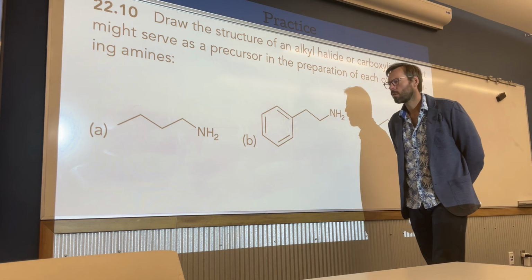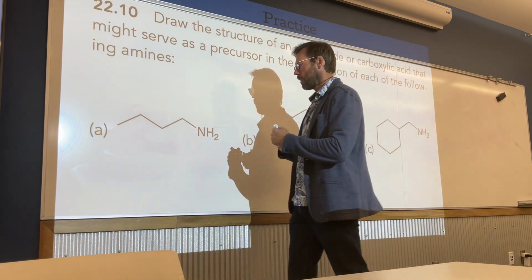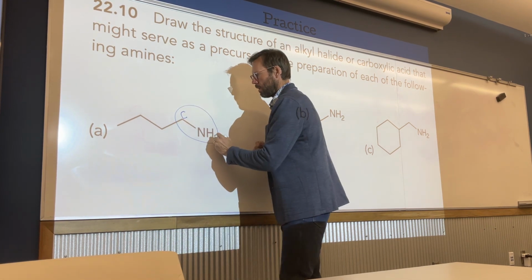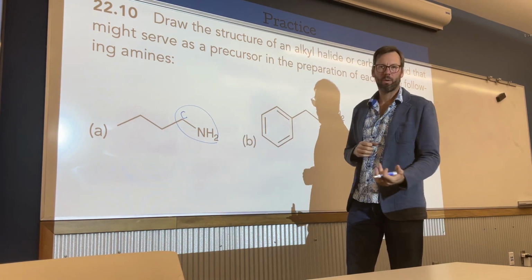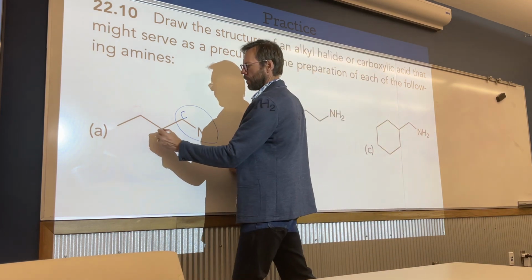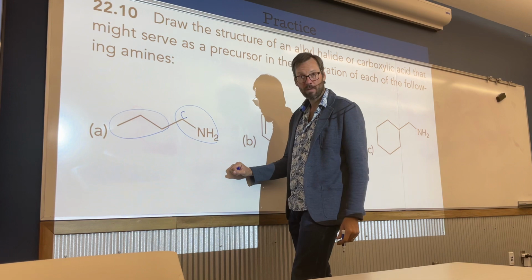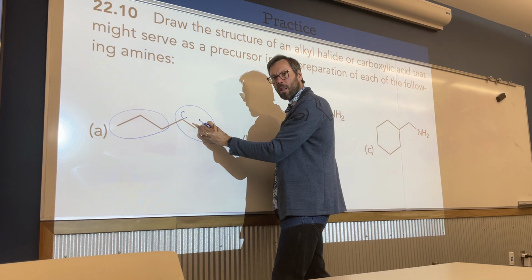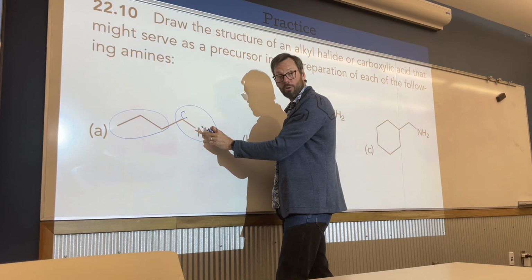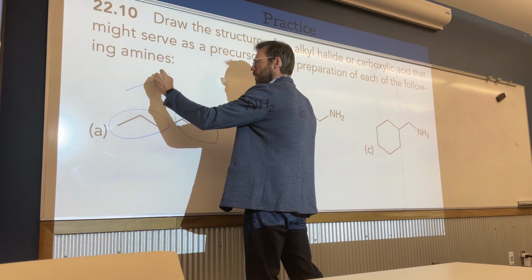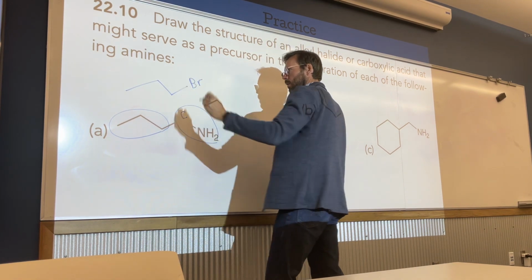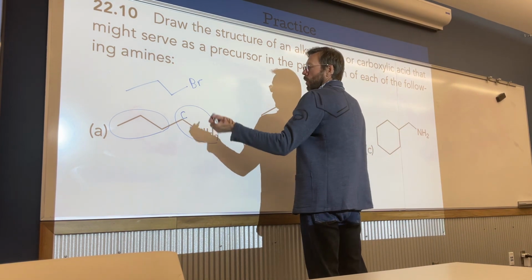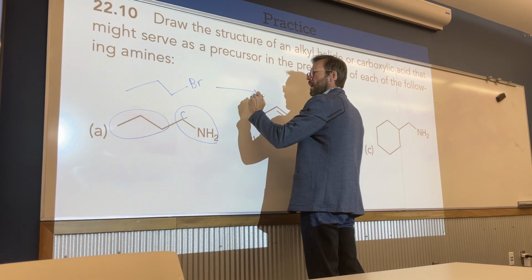Alright, so remember, if this is the final product, what we end up doing is we end up adding on that, right? So if we're going to start with a halide, it's going to be just that, right? We don't want to go out to that point. It's not just replacing a halogen with a nitrogen group. And then, if we want to do this, what's our first thing that we add to it?